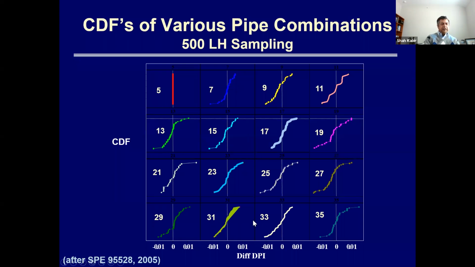This vertical line is the 0, that's the P50. So what you want is to find a trend that has the least deviation from this. In other words, the larger the spread, the more uncertain the system is.